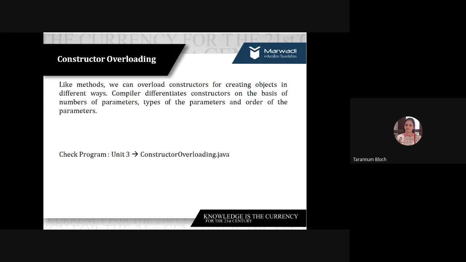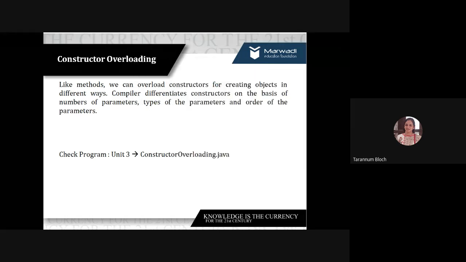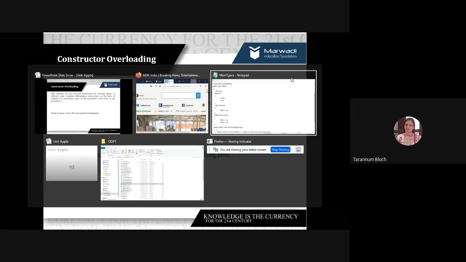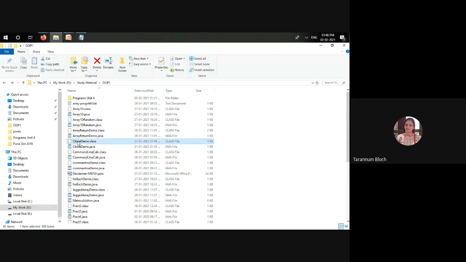For example, if in a class I have 2 double and 1 integer data field, it will match the order of the arguments and the types and number of the arguments. So let us see that example, constructor overloading.